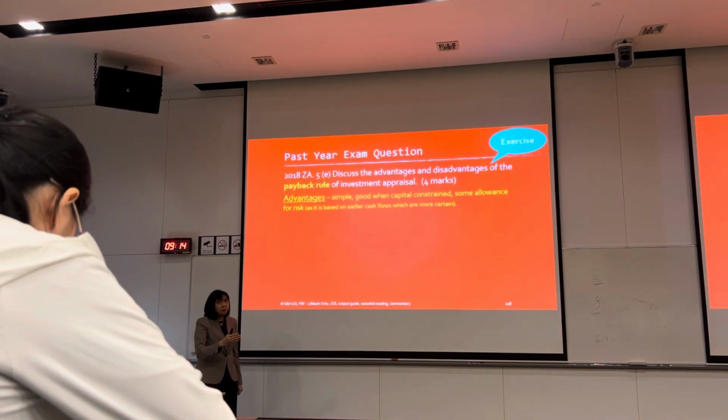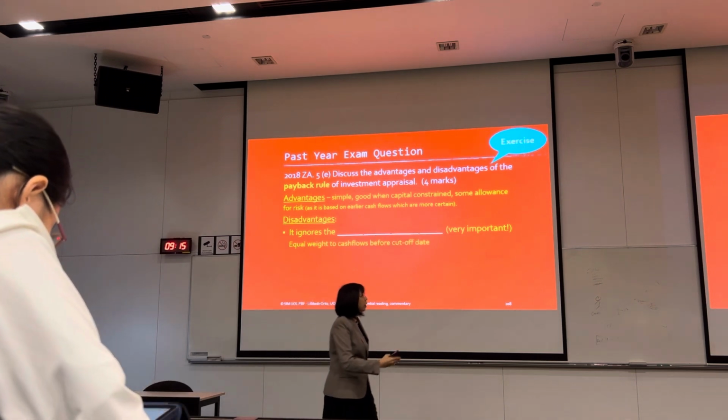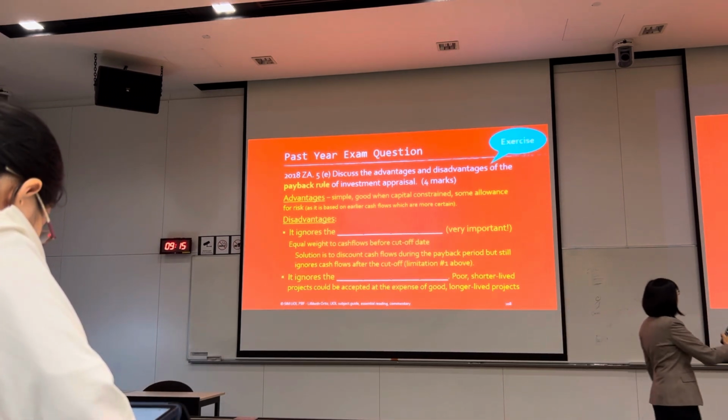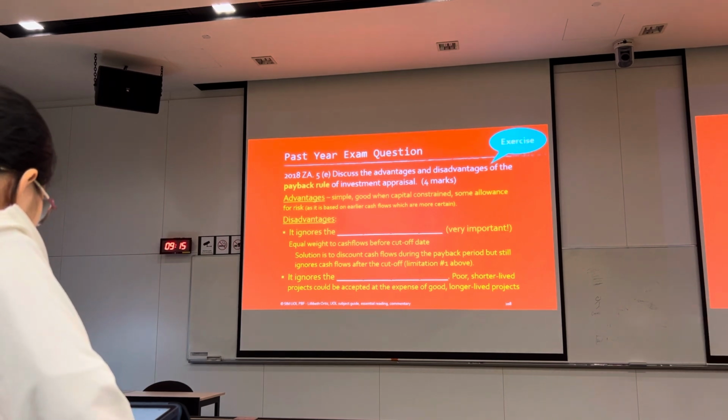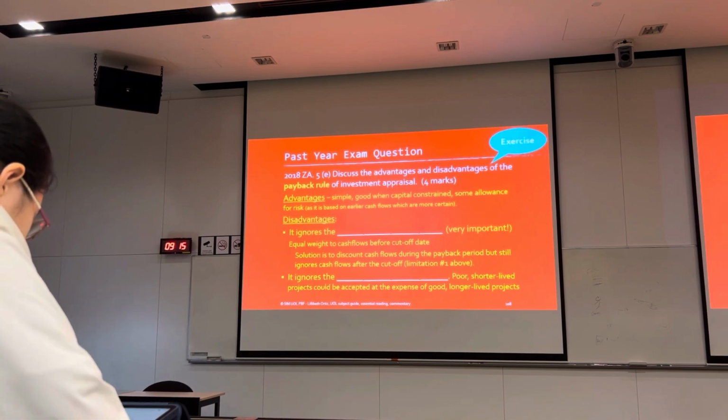Now, again, the question continues, right? So they ask you the advantages and disadvantages of the payback rule. You're expected to, of course, say advantages and also disadvantages, but you're expected to say bad things about it, right?